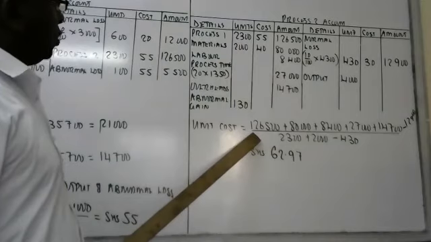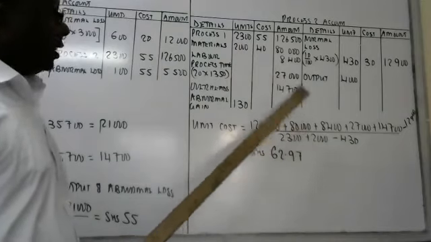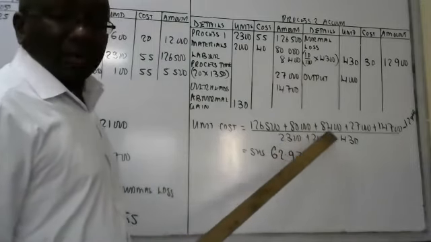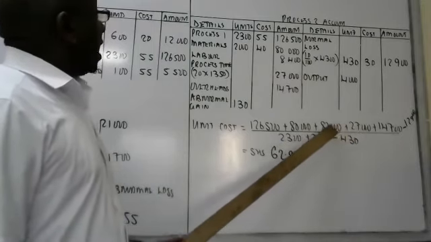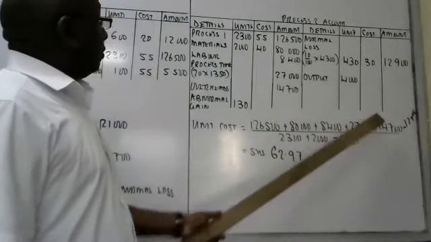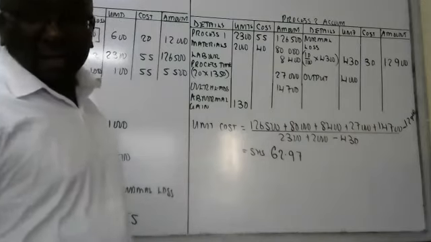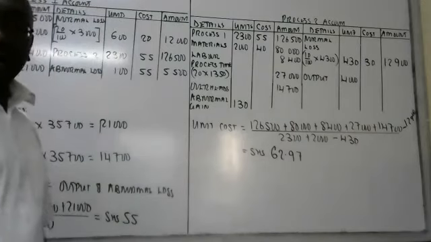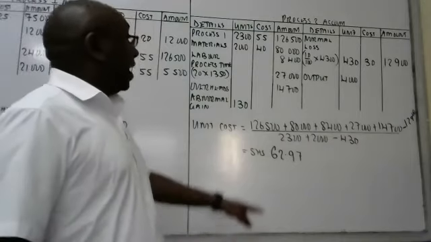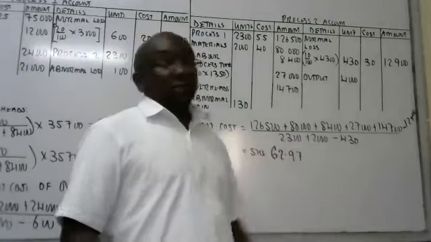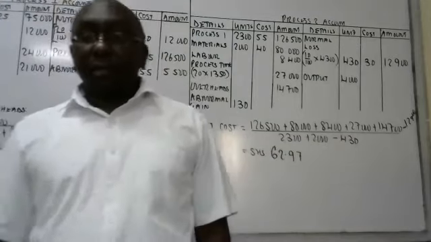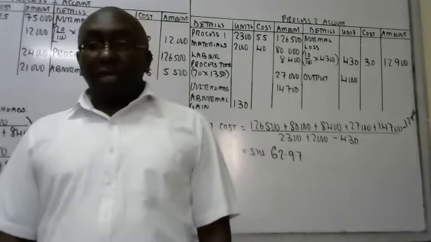You should say 126,500 plus 80,000. Maybe you are saying this is 8,000. It should be 80,000 plus 8,400 plus 27,000 plus 14,700 minus 12,900. Then you divide by 4,300 minus 430. Maureen, confirm. Opio, we also need to hear you.